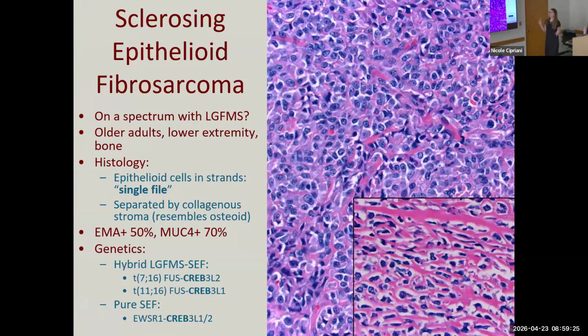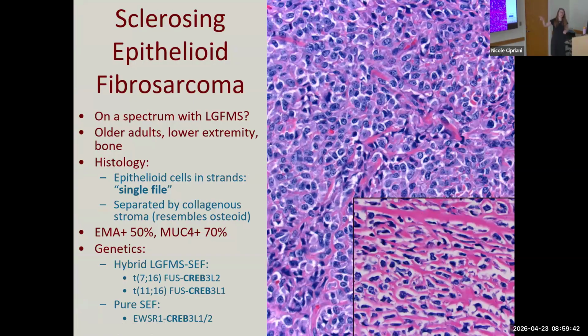LGFMS, its high-grade counterpart is SEF, sclerosing epithelioid fibrosarcoma, which, as its name suggests, has plump epithelioid cells, has collagenous stroma in the background, and can look like lobular breast carcinoma because it has these single file cells in this collagenous stroma.